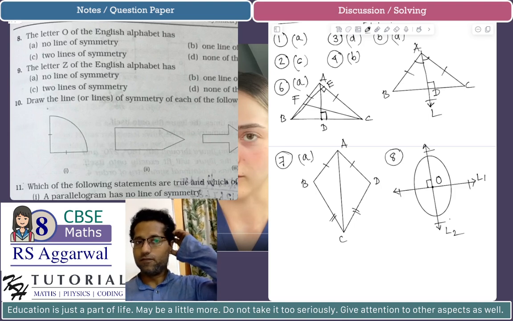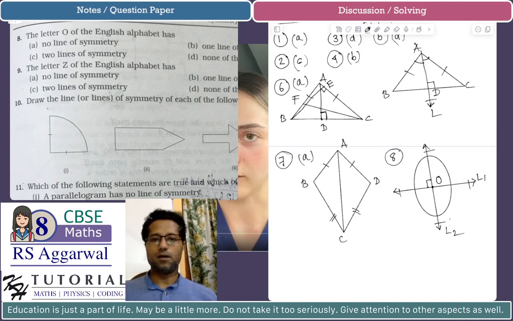So the letter O of the English alphabet has two lines of symmetry.